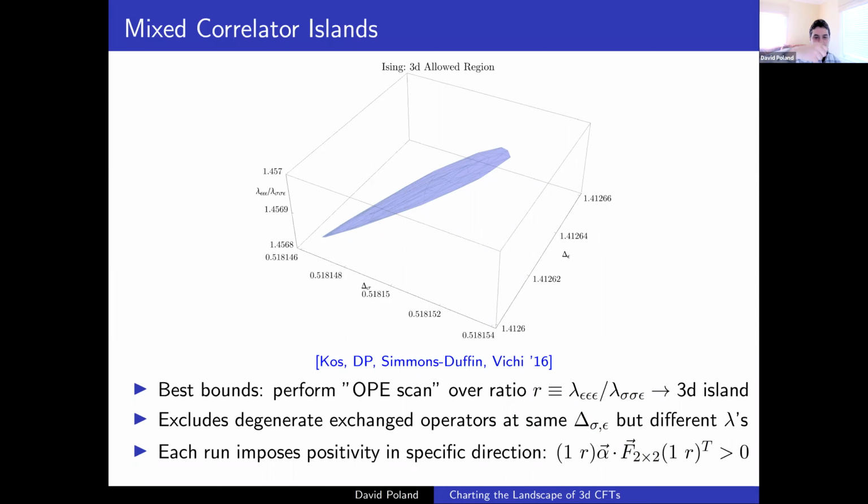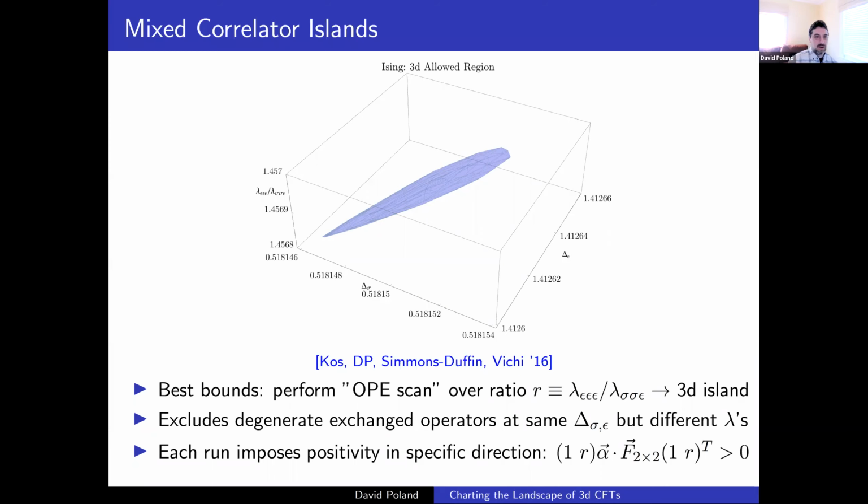What this effectively does is it lets the functional depend on the ratio of OPE coefficients, and this gives it more freedom to come up with a smaller allowed region. That requires mapping out a 3-dimensional parameter space, but it lets you shrink this allowed region further.